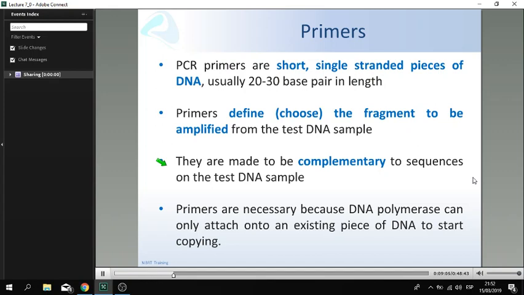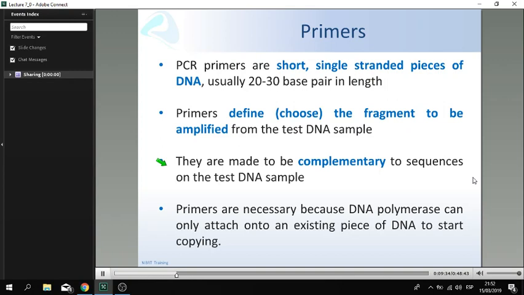So what are primers? Primers are short pieces of DNA. They usually only have 20 to 30 base pairs in length, and unlike our DNA, which is a double helix, primers are single-stranded pieces of DNA that are made artificially, so companies make them for us. And they need to be made in a way to choose the fragment that we want to amplify from our test DNA.